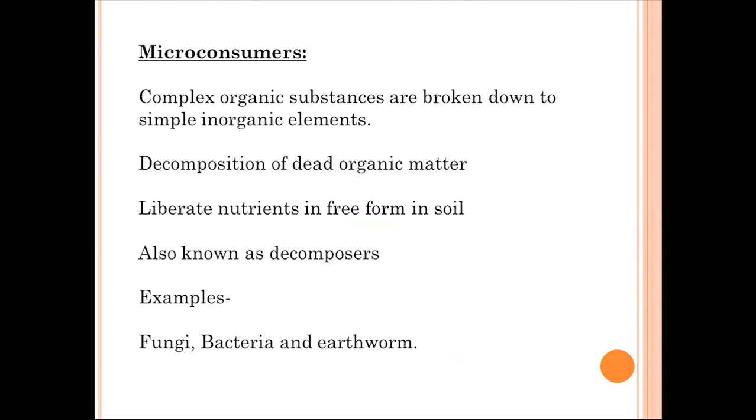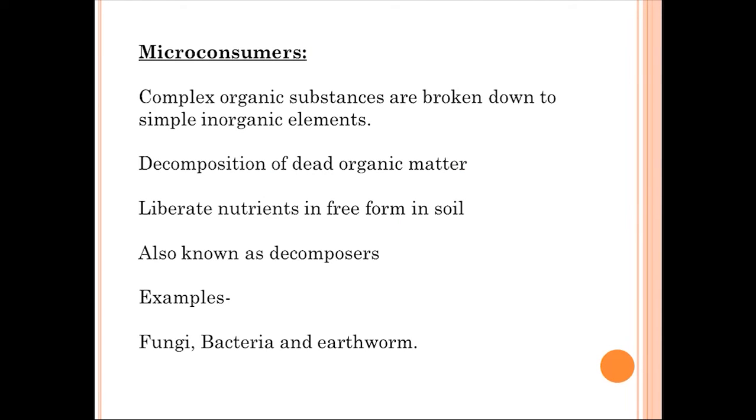Now, micro consumers, this name is because first they are of small size. Okay? They are essentially bacteria, mostly bacteria and fungi, which form this community. Now, they are also known as decomposers.